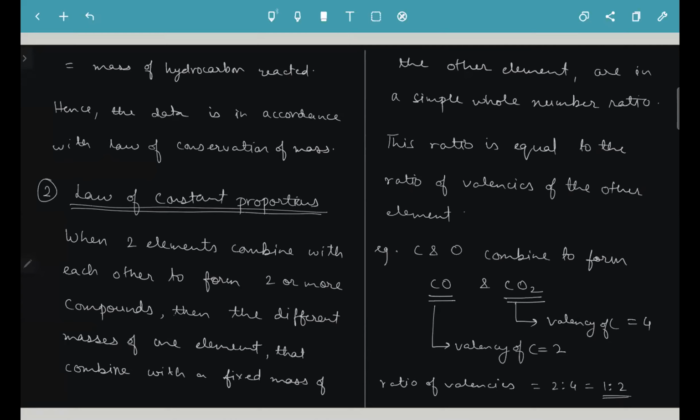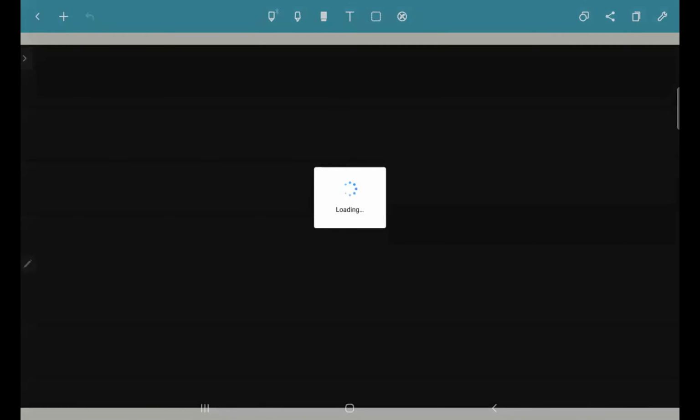Next, let me illustrate this law. So, in regular format, let us make our observations. Carbon monoxide has one carbon and one oxygen atom.